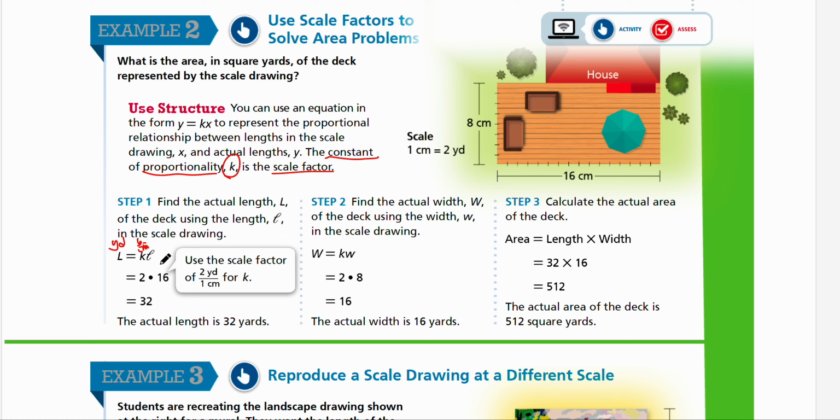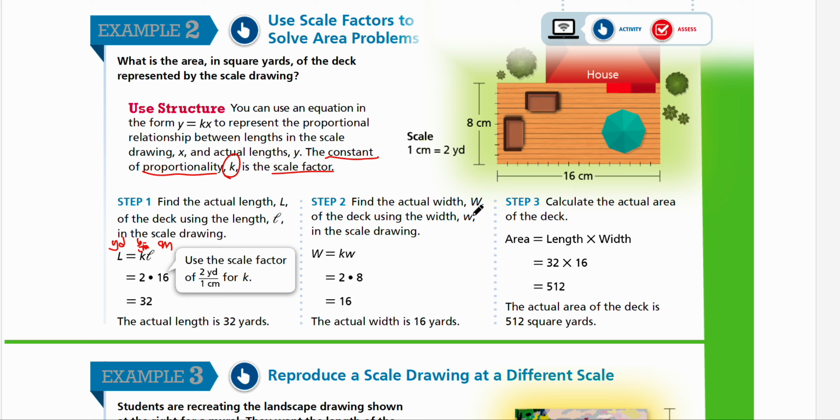And then L should be the scaled centimeters, the length in the drawing. So in the map, the length would be 16. And we know every 1 centimeter is 2 yards, so we multiply by 2. Our factor is 2. So 16 times 2 is 32, so the actual length is 32 yards.